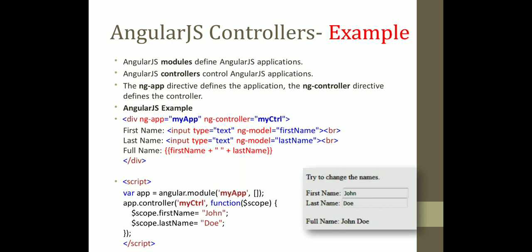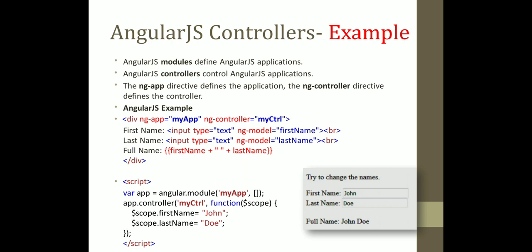We'll see the example, but before that, a few things. The AngularJS modules define the AngularJS application, and AngularJS controllers control AngularJS applications. So you have to focus on the difference between these two statements. The modules will define the application, and this application is controlled by the AngularJS controller.